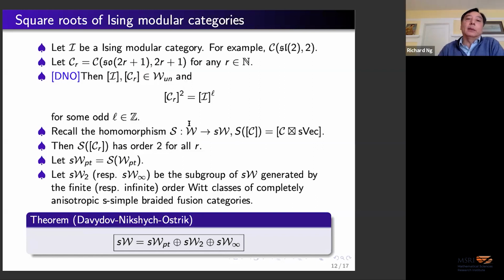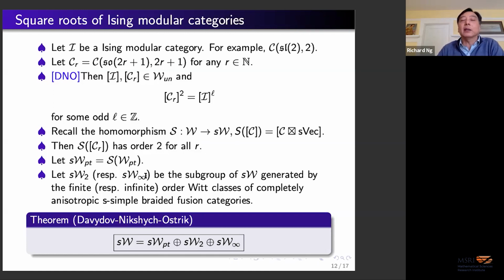So we can talk about the image of the pointed part. It's called SW pointed, and SW2 is a subgroup of SW generated by the finite order Witt classes of completely anisotropic simple braided fusion categories, a mouthful.